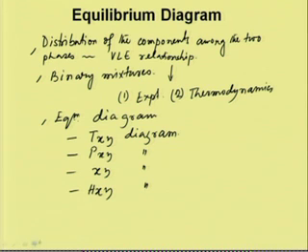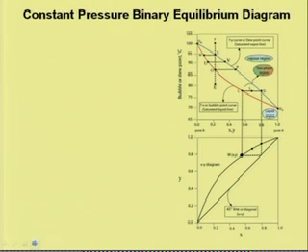So, now we will consider the T x y diagram. It is a constant pressure binary equilibrium diagram. If boiling point is plotted versus liquid composition, x being the liquid composition, then we call it the bubble point curve.